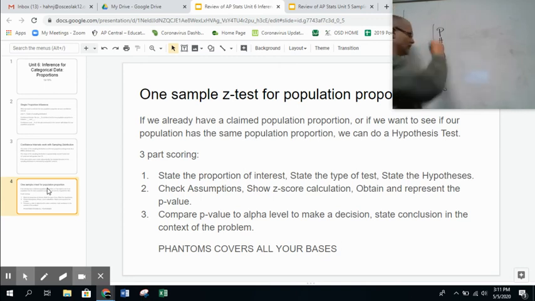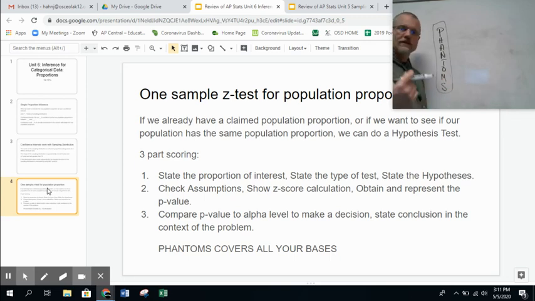This algorithm is three-point scoring when you get to the test. Every one of these parts is in that three-step scoring, maybe not in this order. That's why we've done PHANTOMS and PANIC, to maximize your points on the test. It's always good to write down the formula. What I'm learning is that the formula written down a lot of times will count as a couple different things to help you out.